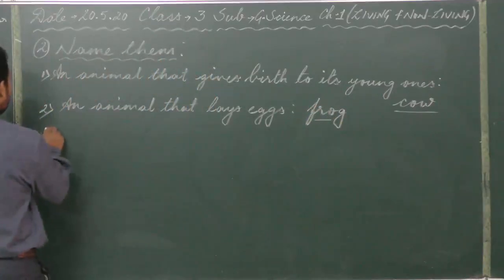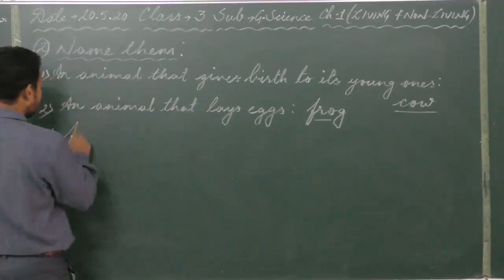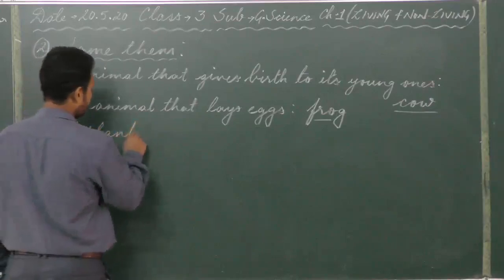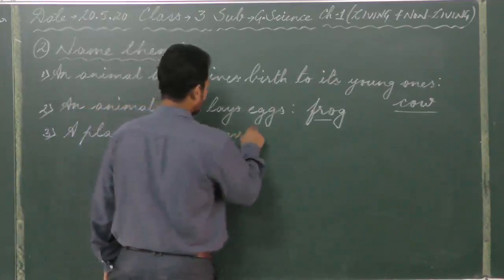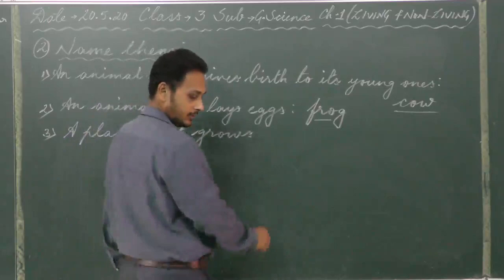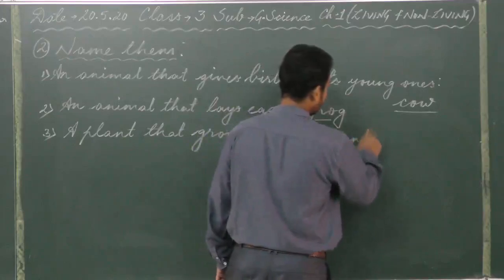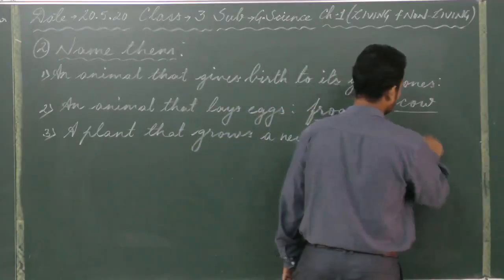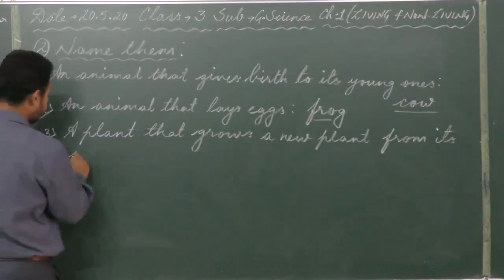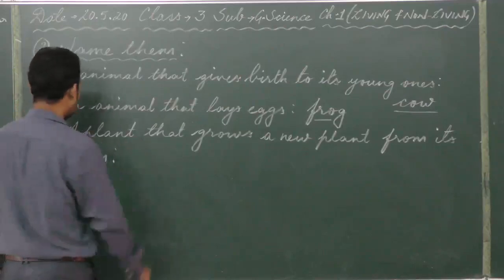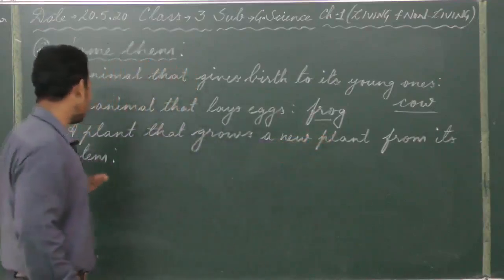Then the third question, that is number 3. A plant that grows a new plant from its stem.